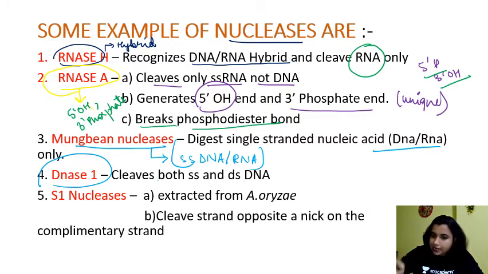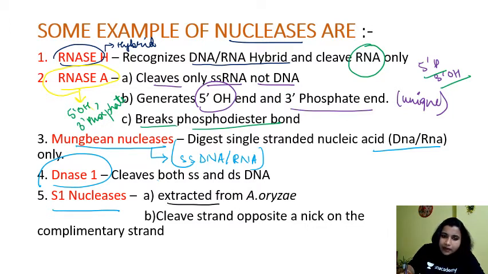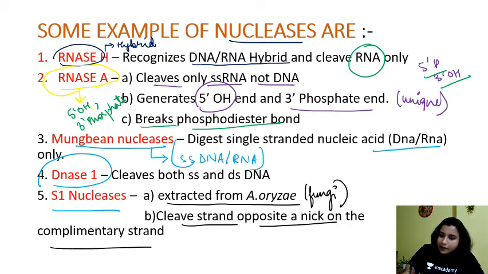It will cleave DNA, both single-stranded as well as double-stranded. S1 nuclease is extracted from Aspergillus oryzae, which I think everyone knows is a fungus, right? It cleaves the strand opposite to a nick on the complementary strand. So S1 nucleases cleave the single-stranded strand and also the nick strand.